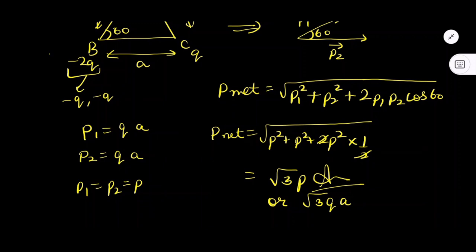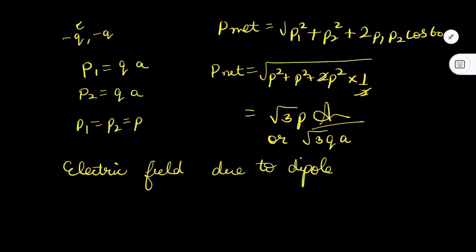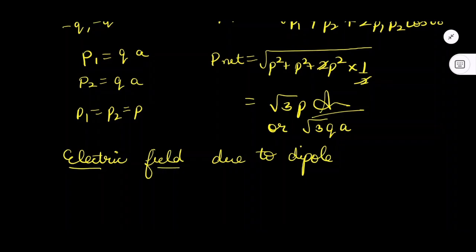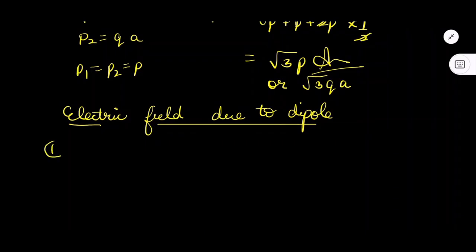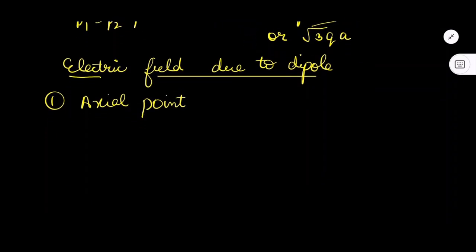Now we'll move on to the next topic, that is electric field due to dipole. Okay, so first of all let's find the electric field at the axial point. So we have a configuration in this way.